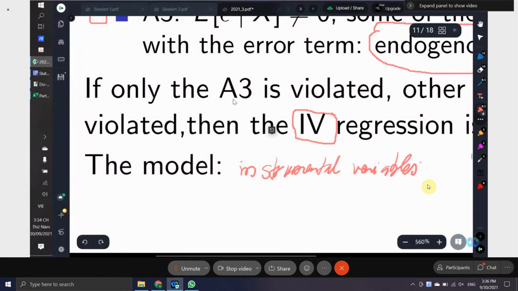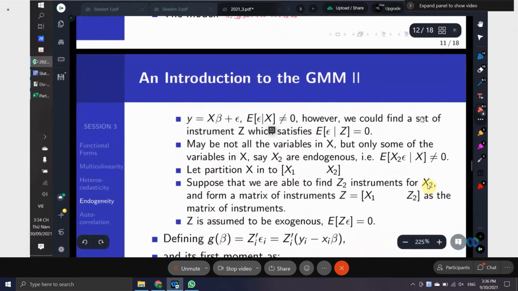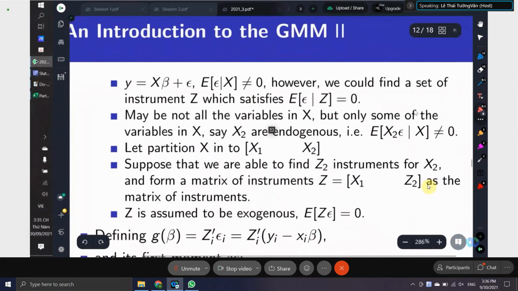Now let me be more specific about this body of knowledge. Suppose that we are interested in a model y equal to X beta plus epsilon, and now we know that the expectation of epsilon given X is no longer 0.